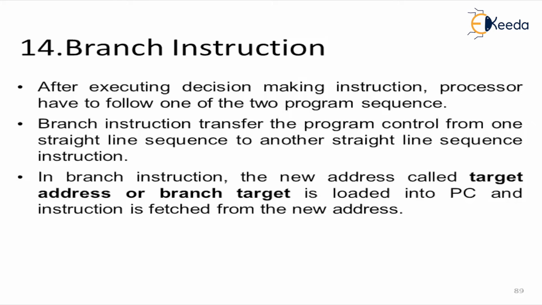So the instructions are being transferred in the form of branches, and these branches have the address bus, data bus, and control bus running into the branch instruction. In branch instruction, the new address, called the target address or branch address, is located in the PC, and the instruction is fetched from the new address we have obtained.